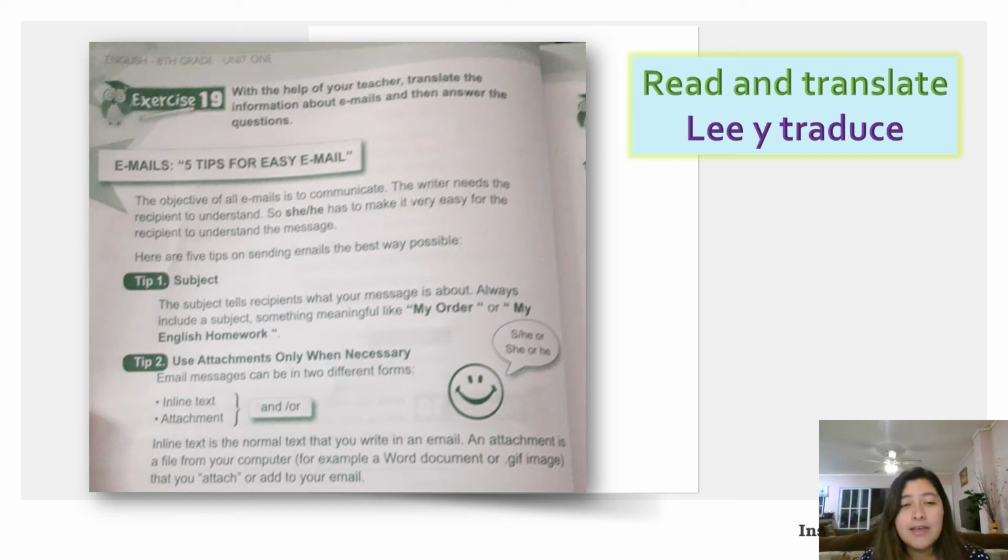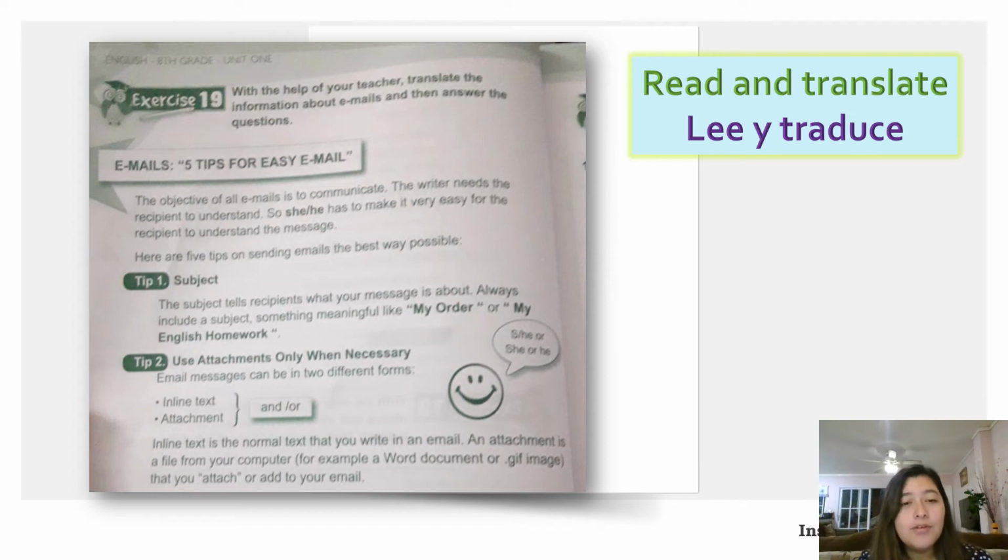The objective of all emails is to communicate. The writer needs the recipient to understand, so he has to make it very easy for the recipient to understand the message. Here are 5 tips of sending emails the best way possible.